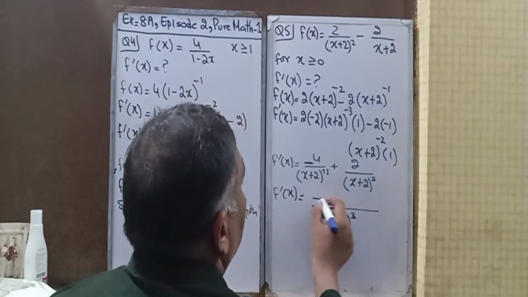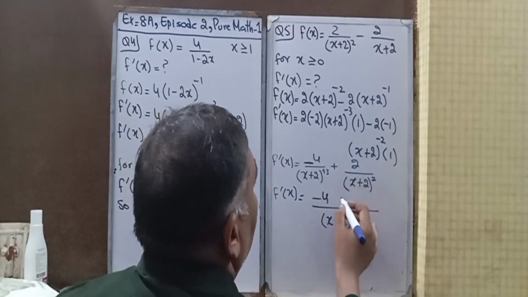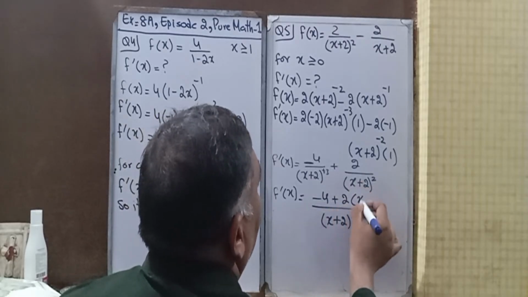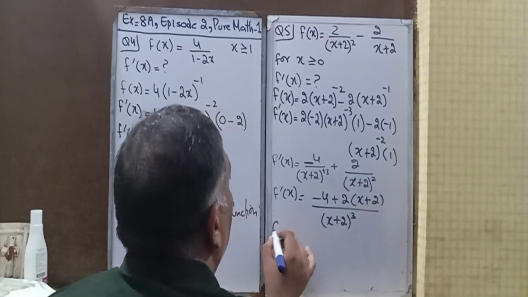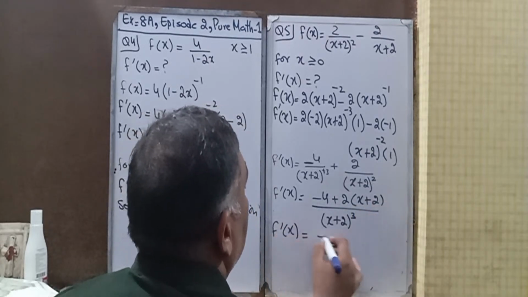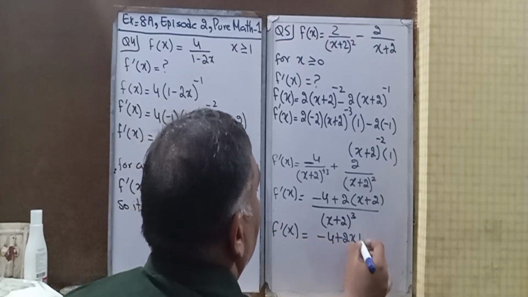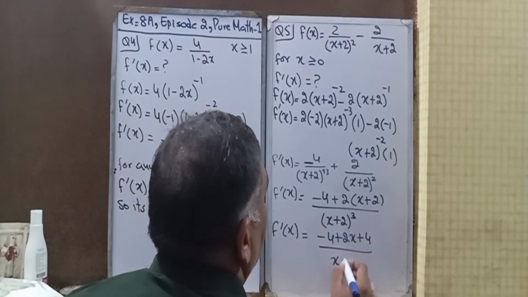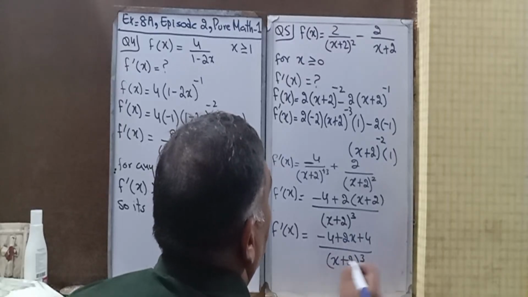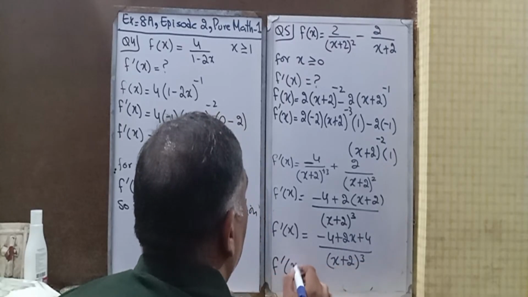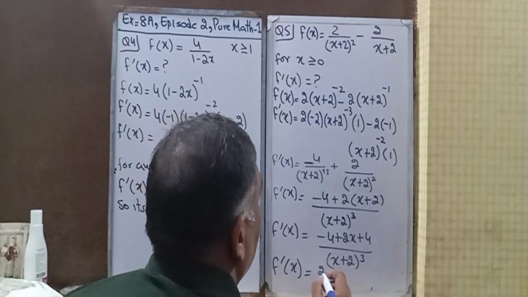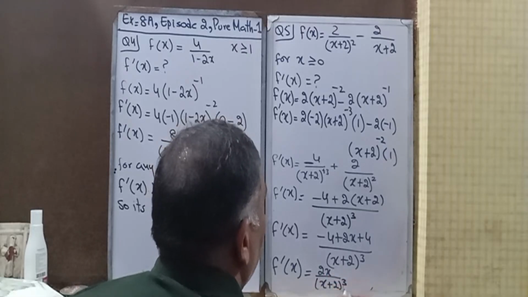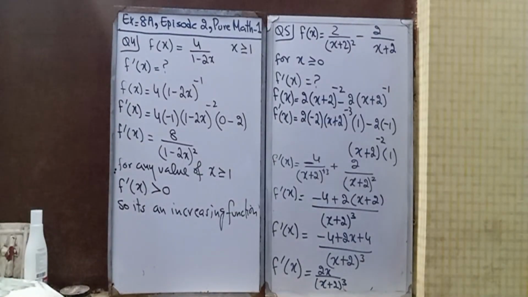When you divide, this is minus 4, and with the other term you are left with positive 2 into (x plus 2). So f dash of x equals minus 4 plus 2x plus 4, divided by (x plus 2) raised to power 3. This becomes only 2x divided by (x plus 2) raised to power 3. Now let me check the answer again.